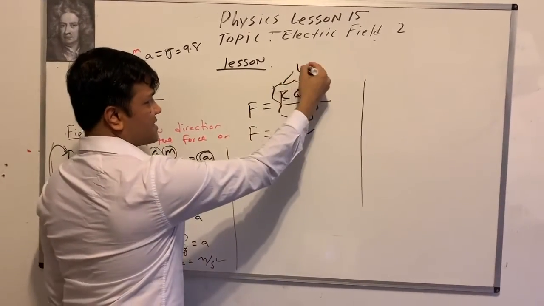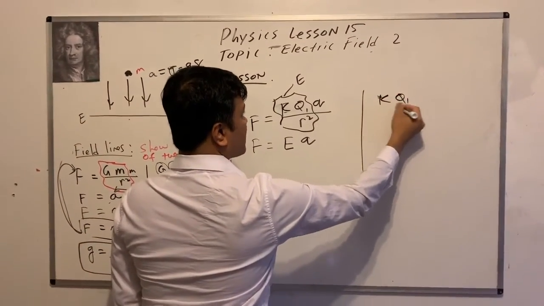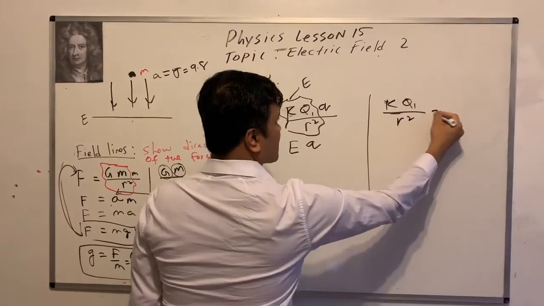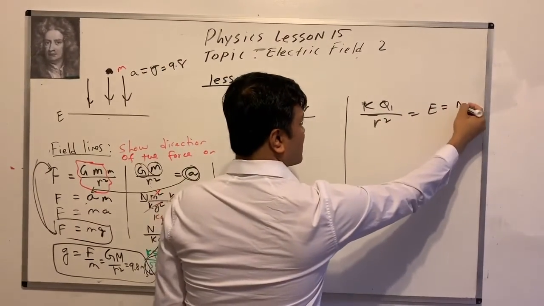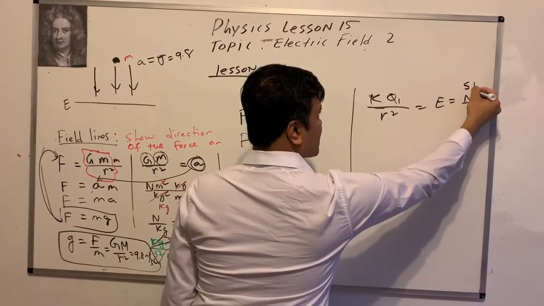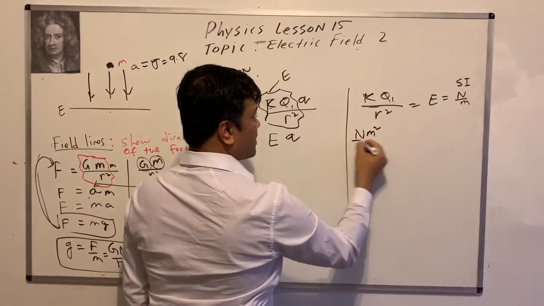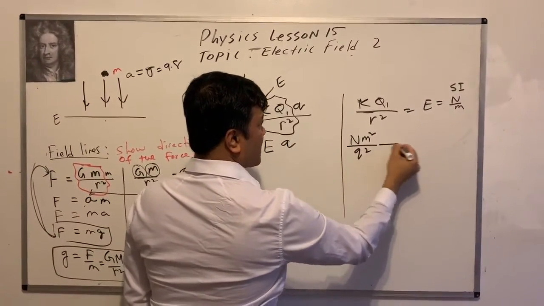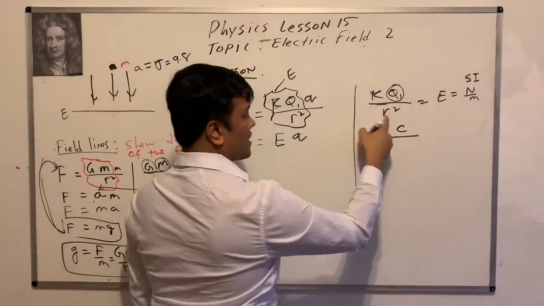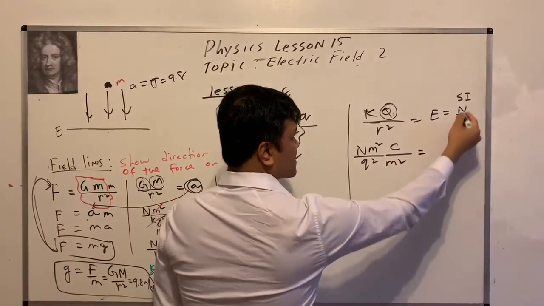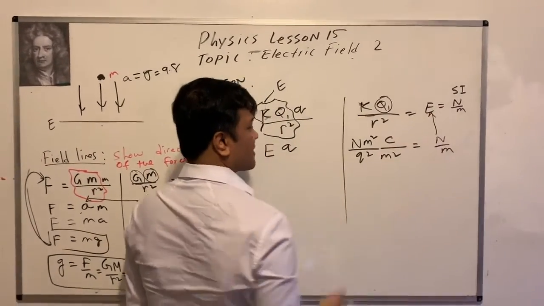I'm going to prove that KQ1 over R squared is equal to E, because E is Newton over Coulomb in SI units. Now K is what? Newton meter squared over Coulomb squared, and Q1 is in Coulombs, and this is meter squared.